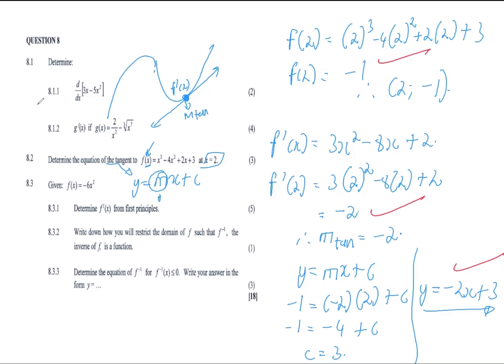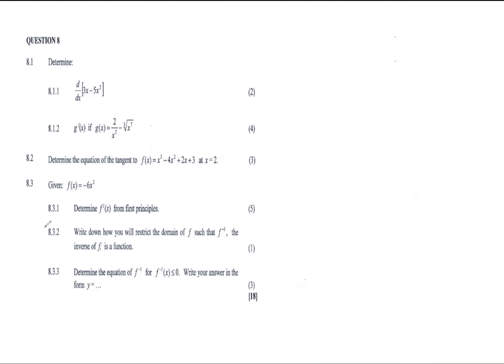Right. Let's now proceed. We have 8.3. It says, given f of x is equal to -6x squared, determine f prime x from first principles, right? From first principles, we know that this is what we do. So we have our f of x first is -6x squared. Then what will be our f of x plus h?